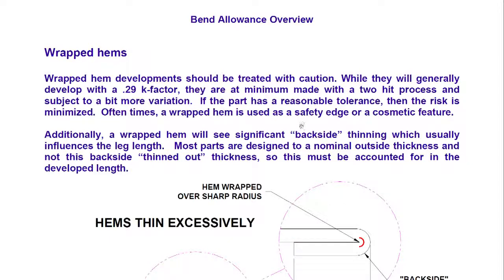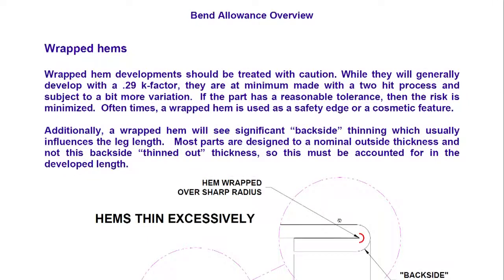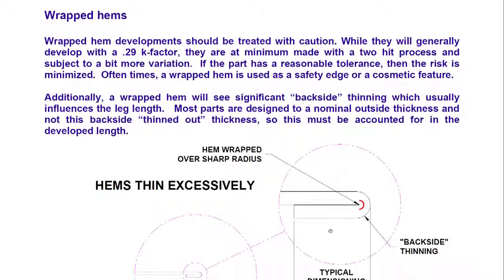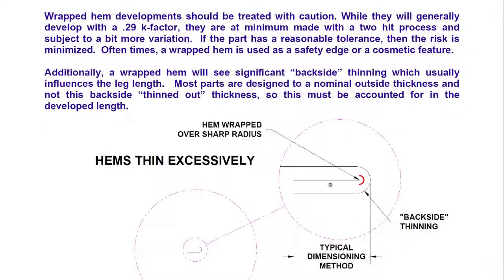A wrapped hem will see a significant backside thinning, which usually influences the leg length. If you see something fully closed like this, even the details about how much of this extra length is required for a given development length matter.